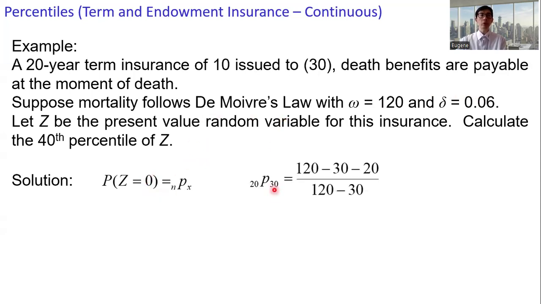Under De Moivre's law and n equals 20, 20-year term insurance, we get 20p30, 0.7778. That is, from the 0th percentile to the 77.78th percentile, Z is 0. And now we want the 40th percentile of Z, then Z is 0.